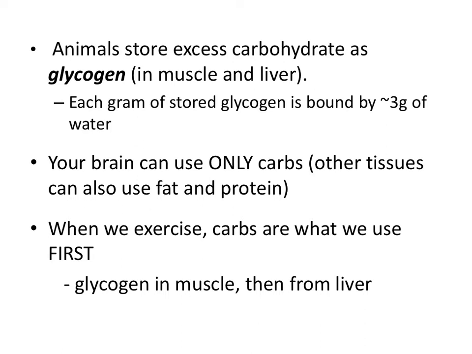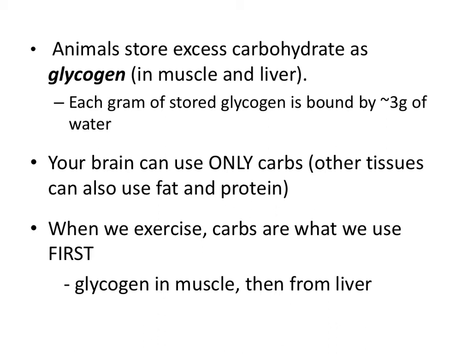Each gram of glycogen is 3 grams of water. So like kangaroo rats never have to drink, ever. The seeds that they eat will have a little bit of water in them, but they can rely entirely on glycogen stores that give them all of this water.